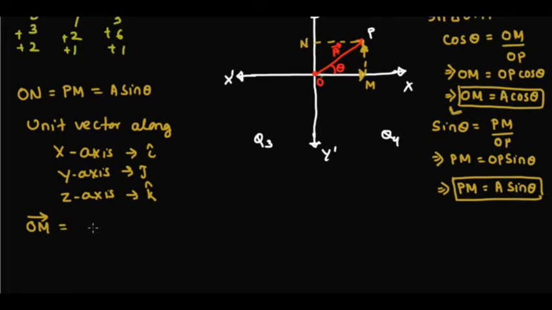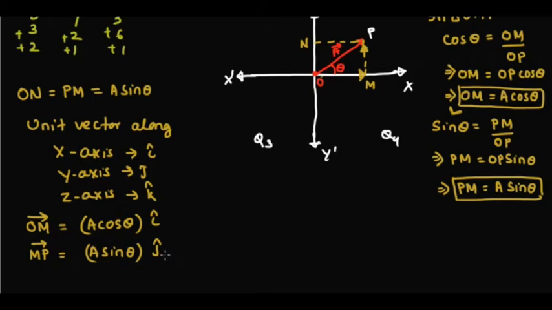So OM vector can be written as the product of its magnitude, which is A cos theta, into the direction, which is i cap. Is that clear? Similarly, look at MP vector. MP vector has magnitude A sin theta, and it is directed along the positive y-axis. So I can write j cap.